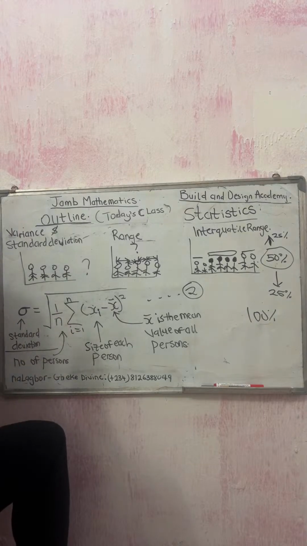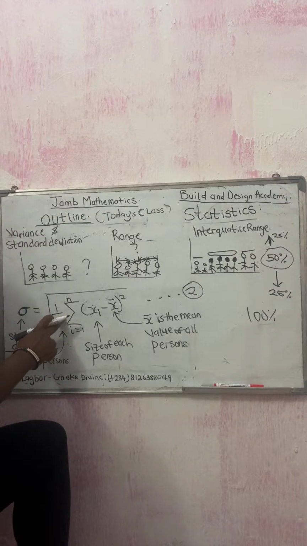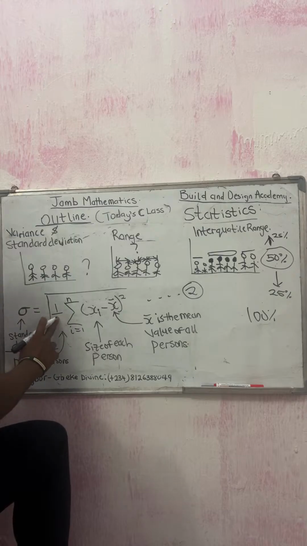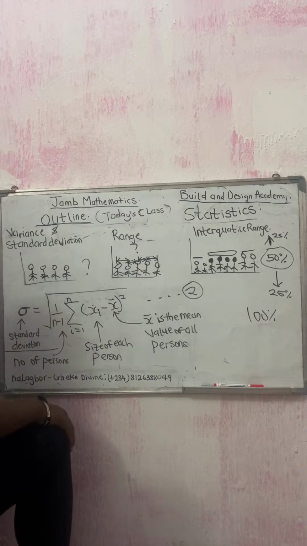That is if and only if the survey does not cover the whole population. But if the survey that is conducted is a clinical survey, we will use n minus 1. Please take note of both of them.